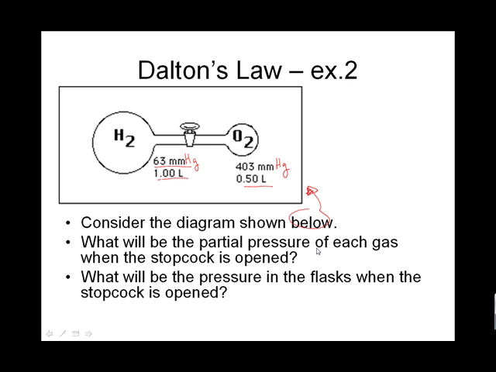I want to know the partial pressure of each gas when the stopcock is open. So I know that before I open the stopcock, let's talk about oxygen only, the initial pressure was 403 millimeters of Hg.